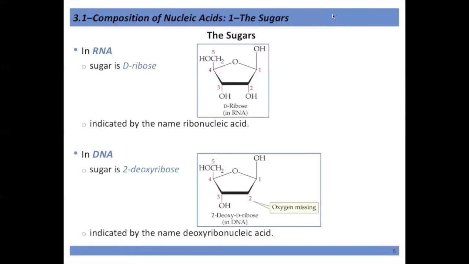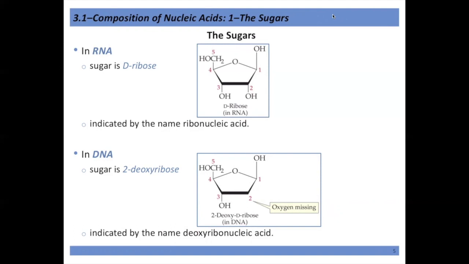Okay, so the first one, let's talk about the sugar. In RNA, the sugar is D-ribose, and you can see the sugar here, and yes, of course, you should be able to draw it. Ribose has both of the OHs off of position 2 and 3 down, and in this case, it is in the beta anomer with the OH up, but we're going to see that that OH is replaced by the heterocyclic base.